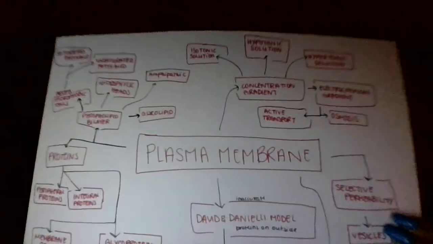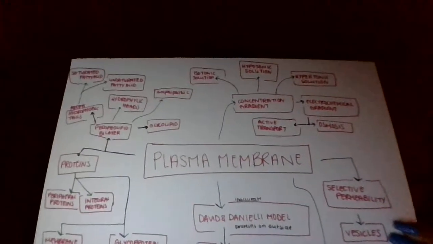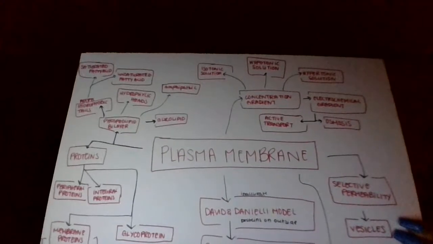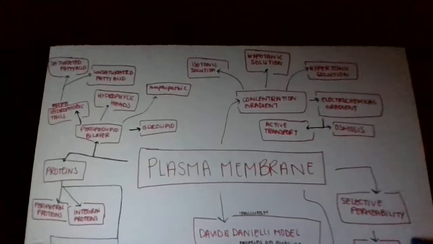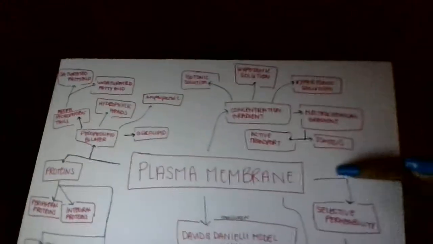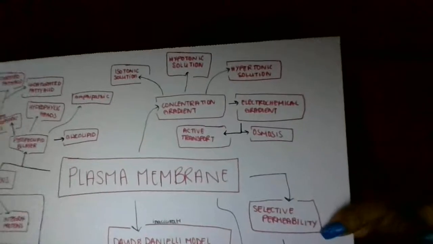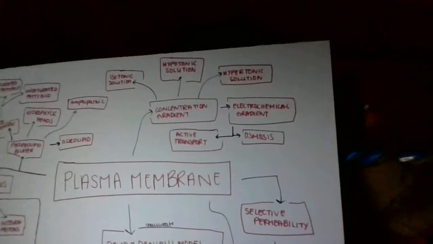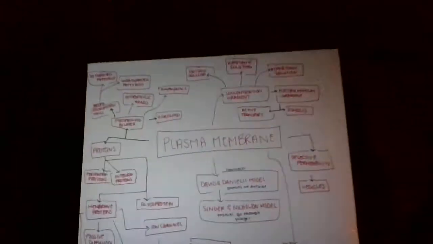And then vesicles I added because they're made of at least one layer of phospholipid bilayer around a cavity, made from membrane material, used to transport material into and out of the cell. So they're pretty important with transportation and, like I said, selective permeability, what's allowed in and out of the cell. And this is a property of plasma membranes. So yeah, that's it. I don't know if you can see that.